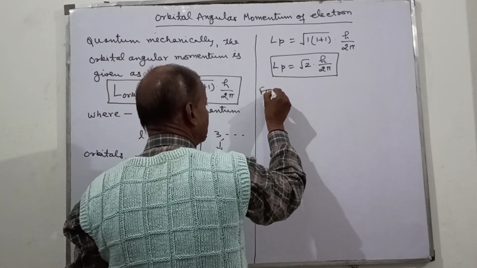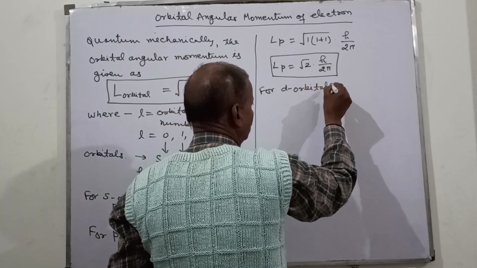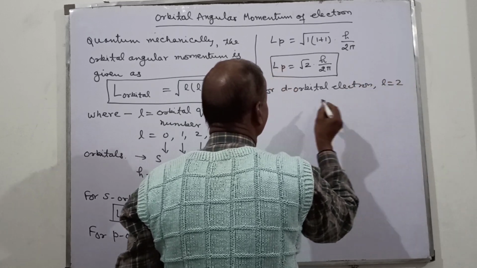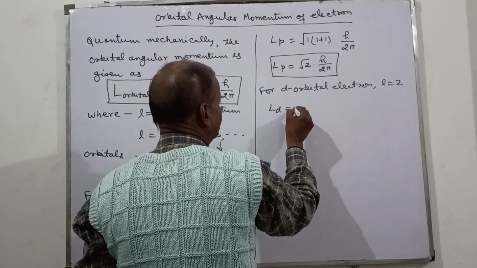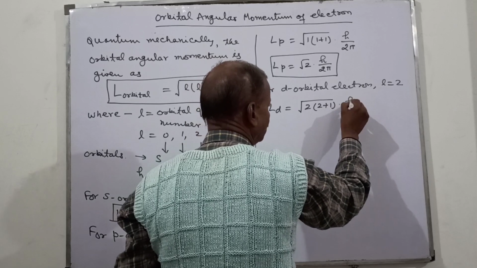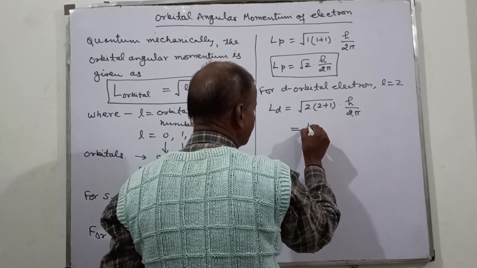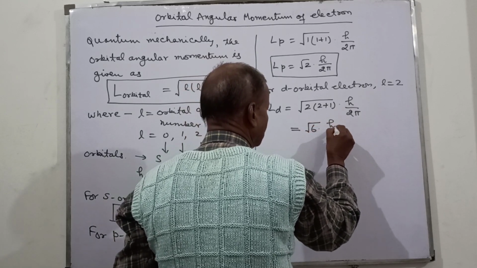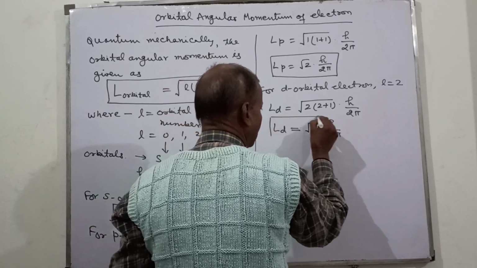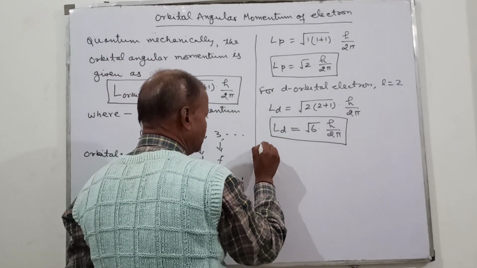Now for d orbital electron, l equal to 2, so this Ld equal to square root of 2 into 2 plus 1 into h upon 2 pi. So this is now 2 times 3, which is 6, so square root of 6 into h upon 2 pi. This is for d orbital electron.